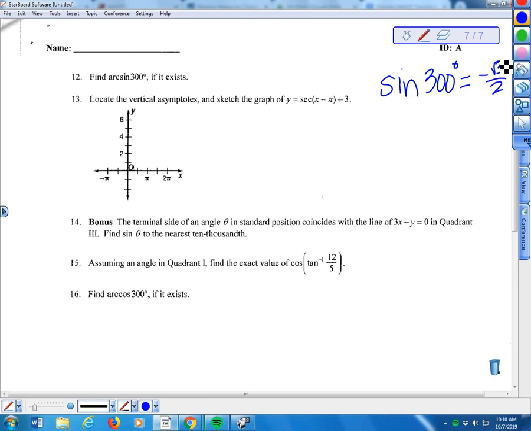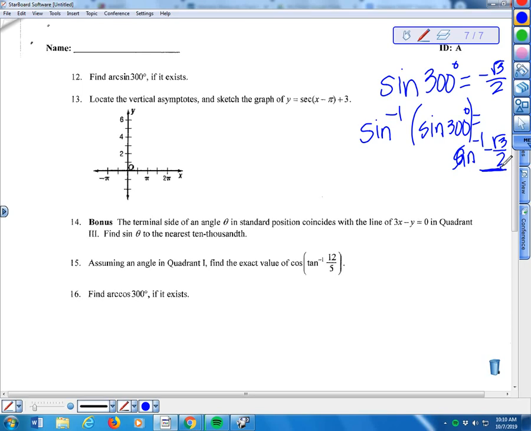Okay, so when I take arc sine of this, that's equal to arc sine of negative square root of 3 over 2. So what do you notice about anytime you have arc sine, what's always here? Is it an angle or ratio? Arc sine ratio. You don't take the arc sine of a degree. You take the sine of a degree.